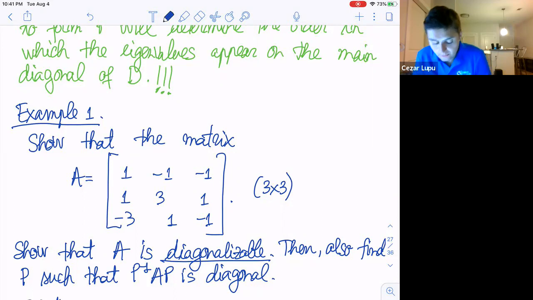On the second row, we have 1, 3, 1. And on the third row, we have negative 3, 1, and 1. We want to show that this is diagonalizable. Okay, so it's quite clear what we need to do. And then also, we want to find this invertible matrix P, such that P inverse times AP is diagonal.